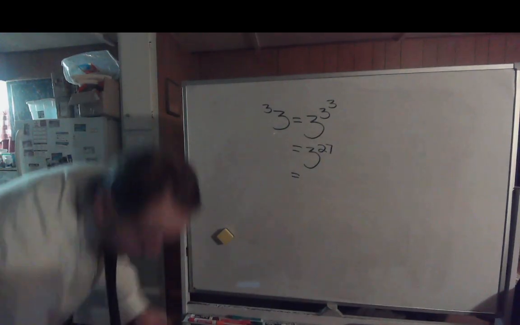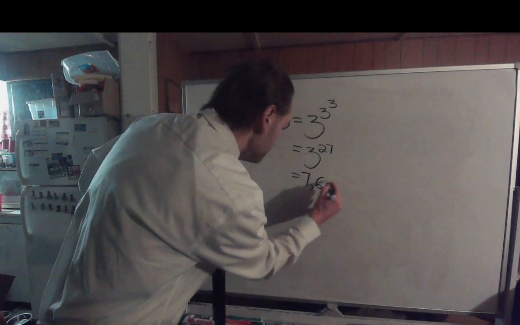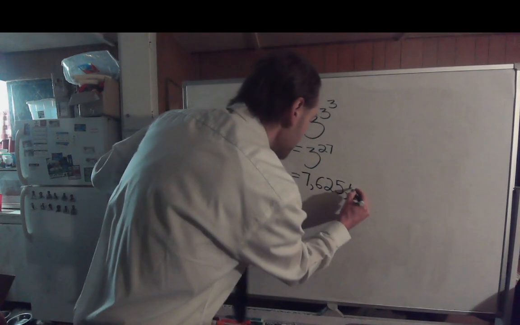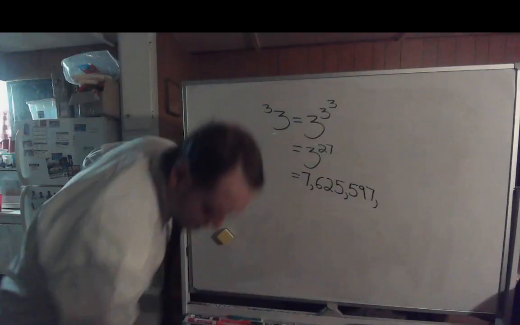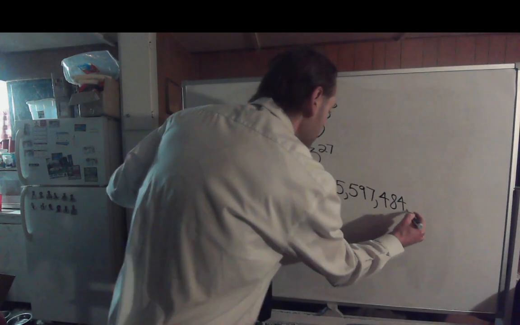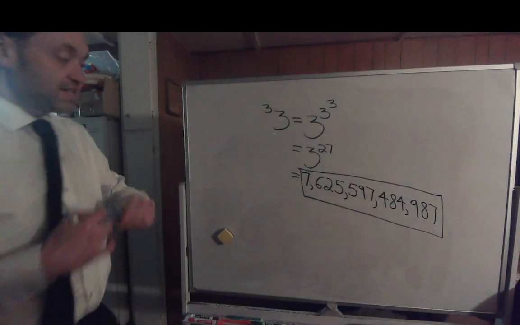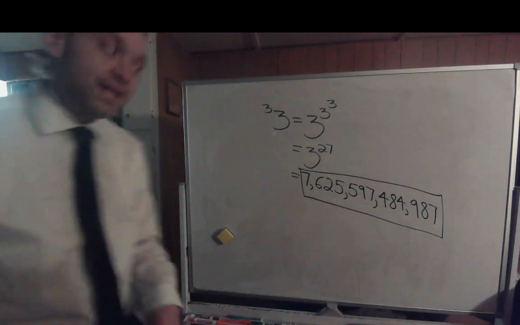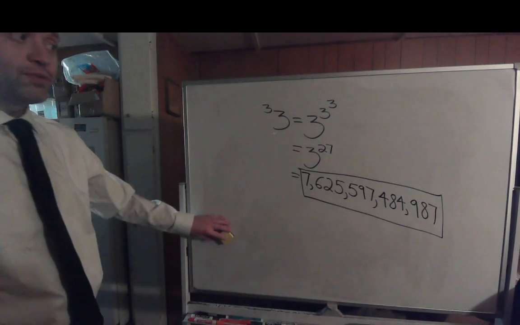Wow, that's huge. So you get the wonderful answer of 7,625,597,484,987 for the third tetration of 3. Yikes.